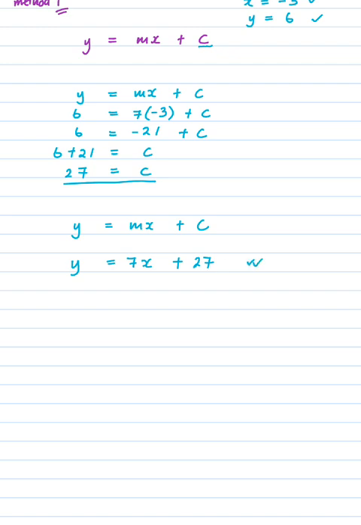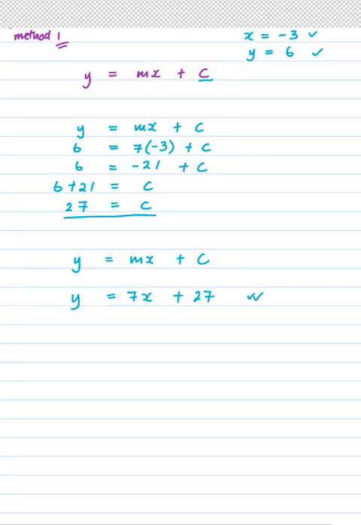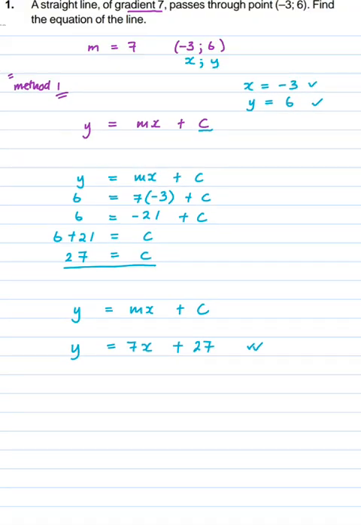This one becomes our equation. That is, if we use the first method, the general equation, the coordinate gives us x and y to substitute, then we find the value for c.